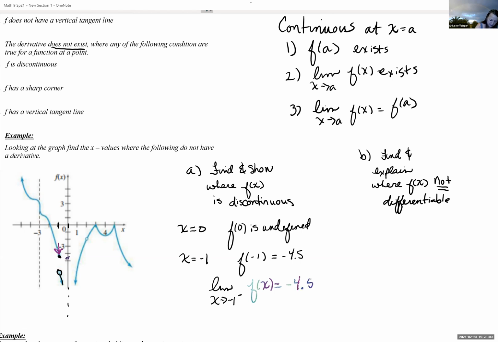And if I'm coming in on the right-hand side, I'm getting back, let's just make this, negative 5, negative 6. How about negative 6.5?